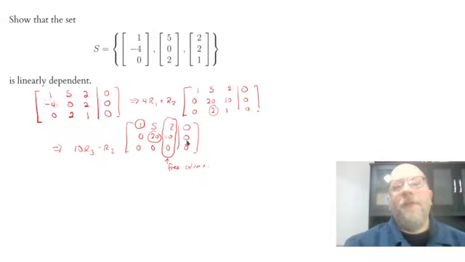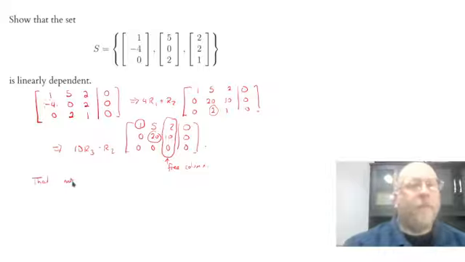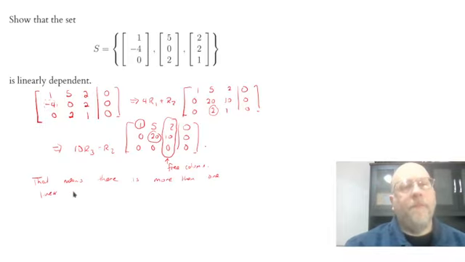And that means that this system of equations has more than one solution. That means there is more than one linear combination that adds up to 0.